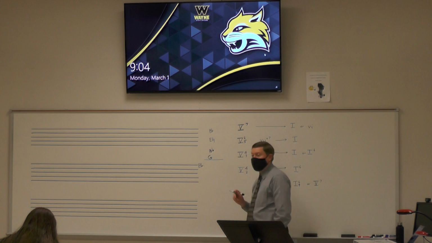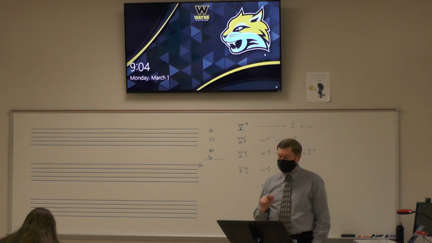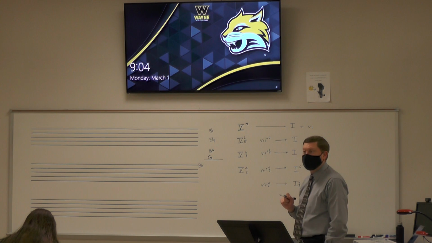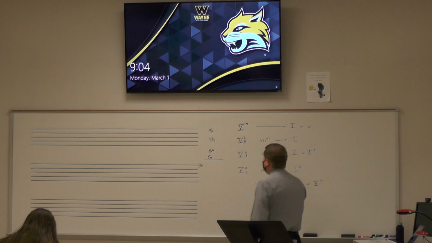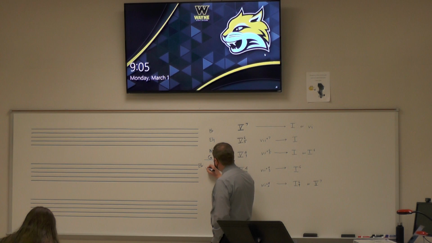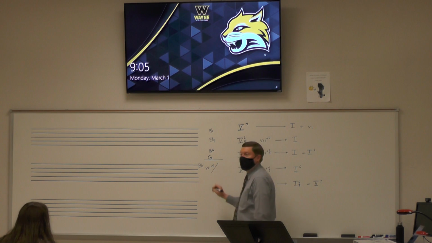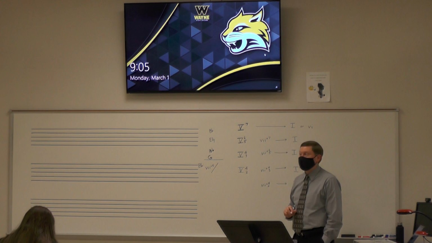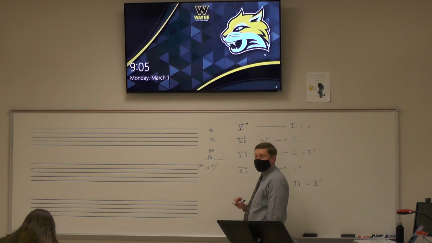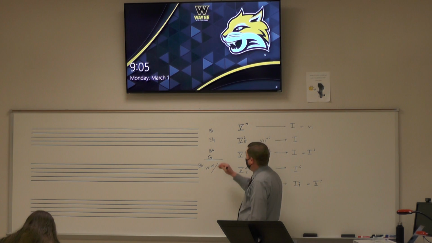Diminished triads as well as diminished 7th chords can be secondary chords. So I could think of this as a diminished triad in first inversion of something that fits in B flat major. And indeed, I think that's the best way to analyze this.